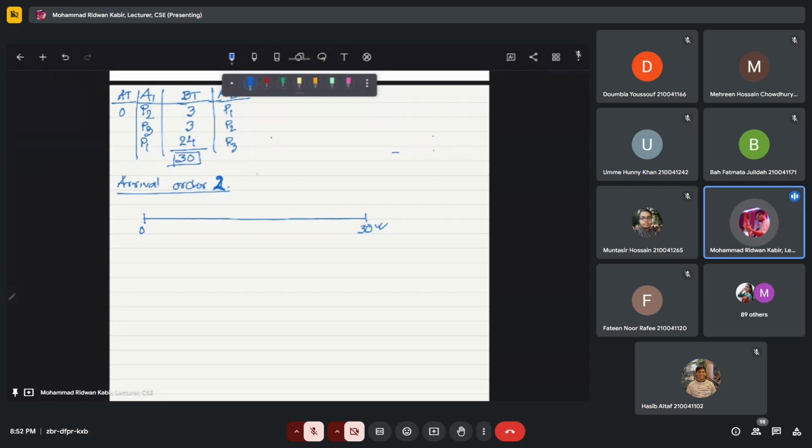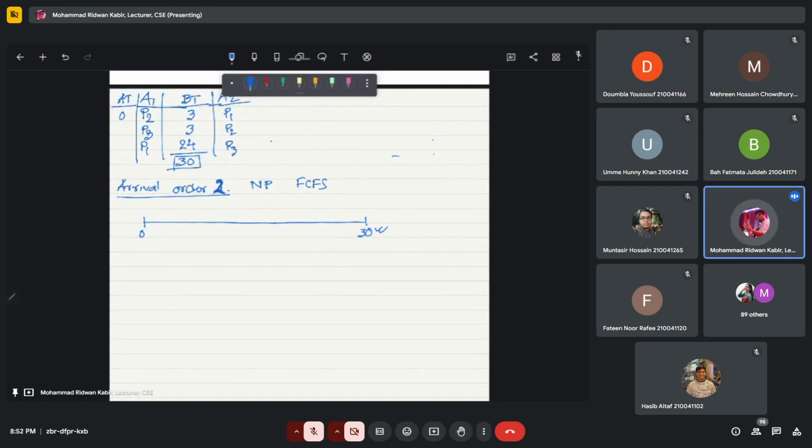Since this is a non-preemptive approach for the FCFS algorithm, whoever comes first will be served. Since P1 arrived at 0, I mean all of these three processes arrived at 0, AT indicates their arrival time, we will list these processes down in the exact time location.